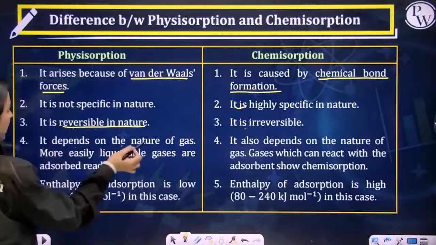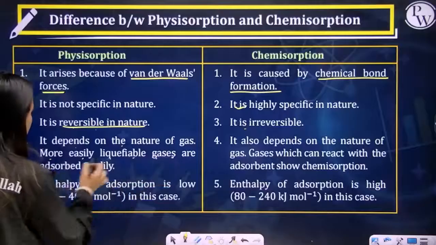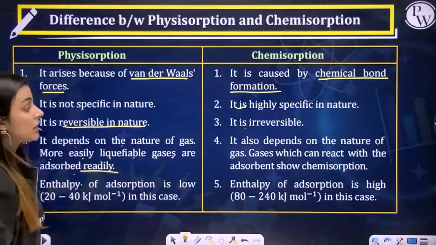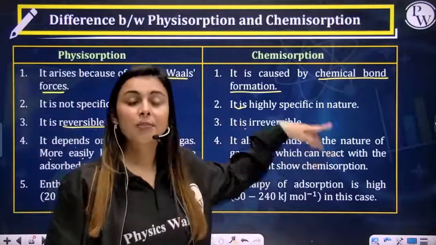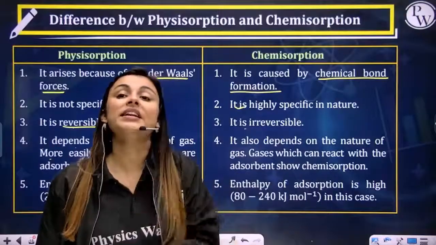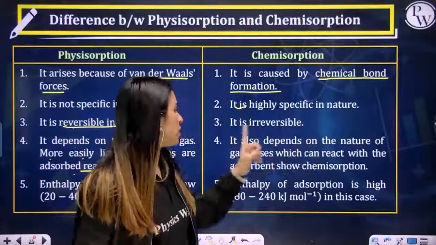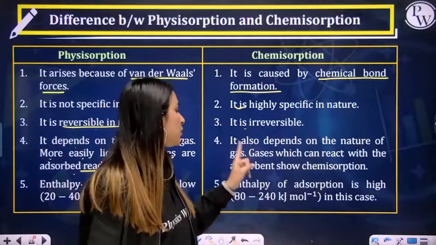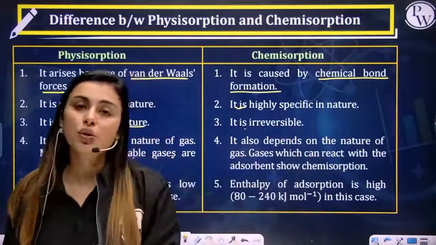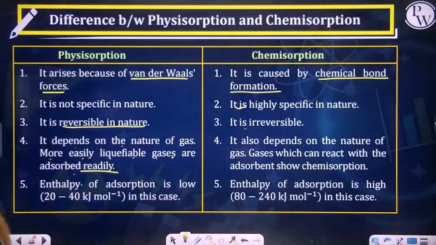So more easily liquefiable gases are adsorbed readily. Chemisorption also depends on the nature of the gas, but it depends on the gas which will react and form a chemical bond. The gases which can react with the adsorbent show chemisorption only. Okay, perfect. I hope you've got this point.